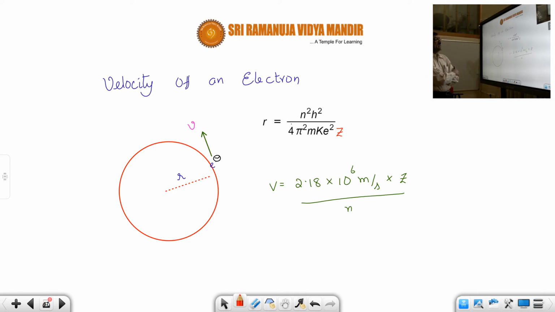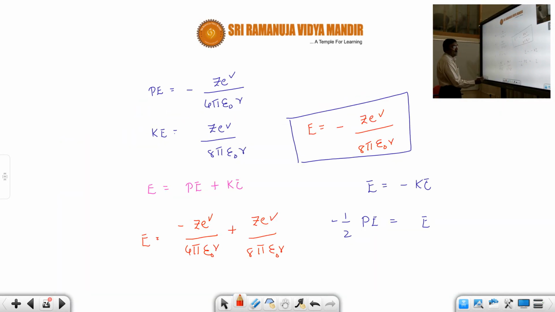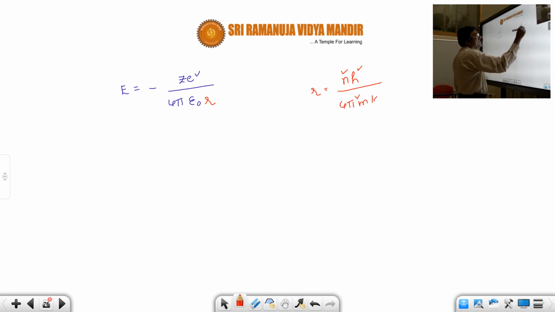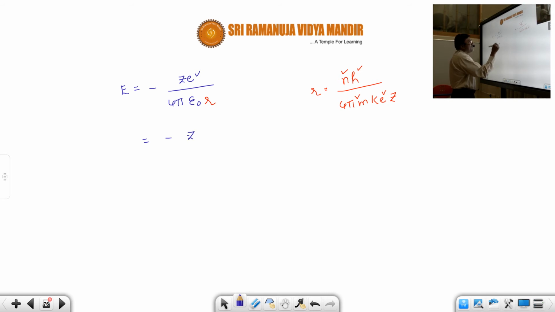So shall we take this R value? n square h square by 4 pi square m k e square Z. So this is the radius of the Bohr's orbit. Now substitute the R value here. So let us substitute, students. That is equal to minus Z e square by 4 pi epsilon naught.